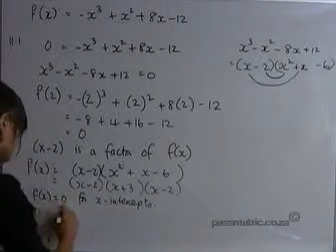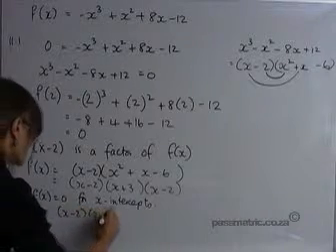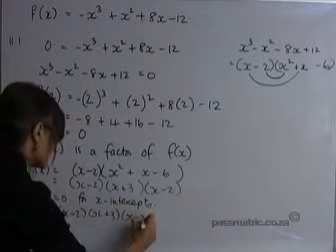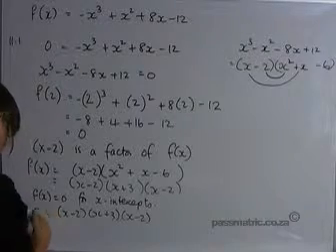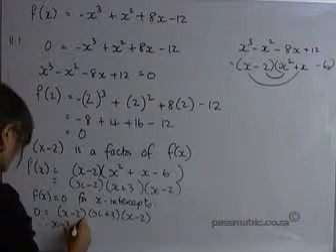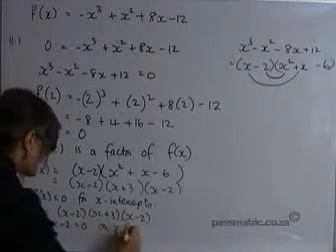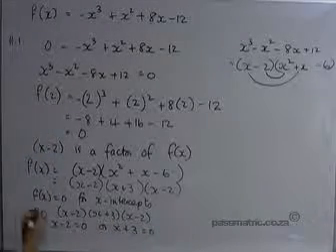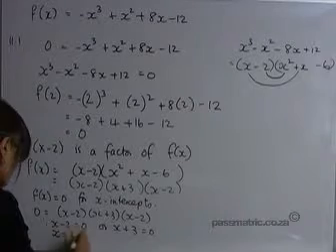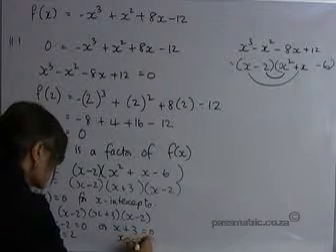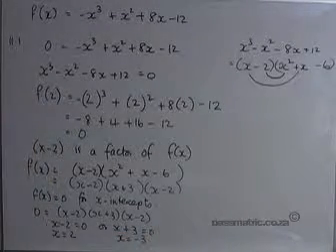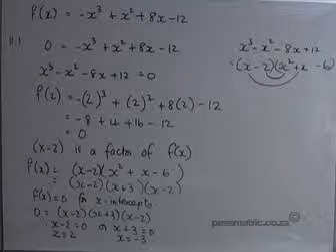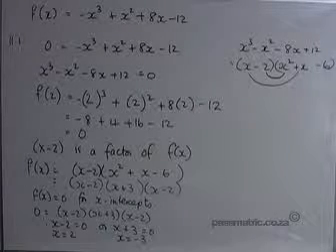So 0 equals x minus 2, x plus 3, x minus 2. Therefore, x minus 2 equals 0, or x plus 3 equals 0. And so I am going to find out that x is 2 or x equals minus 3 when I cross the x-axis.